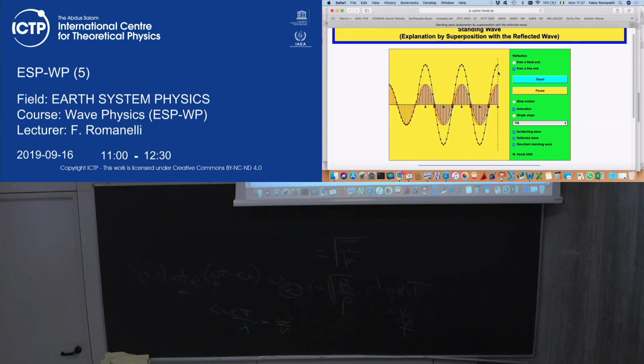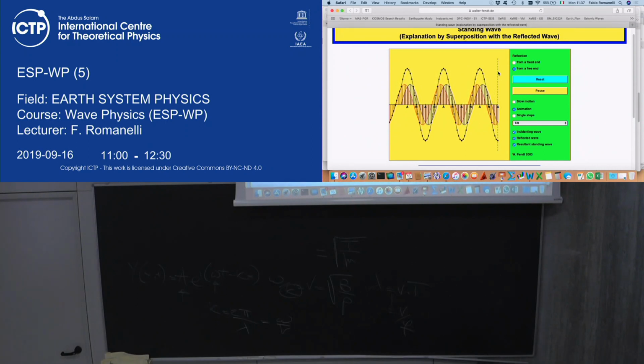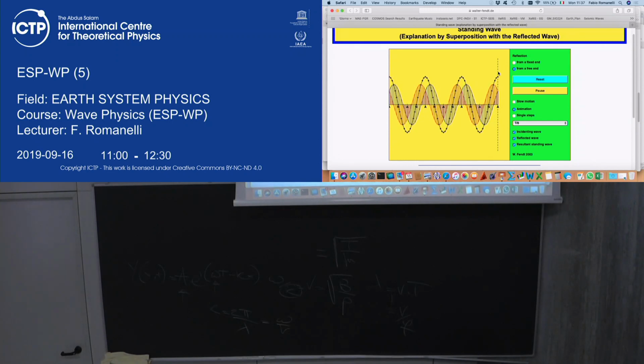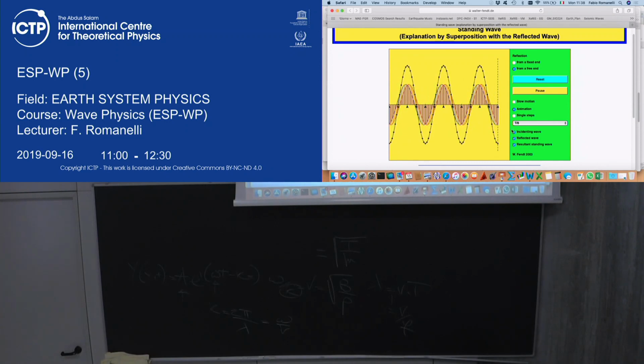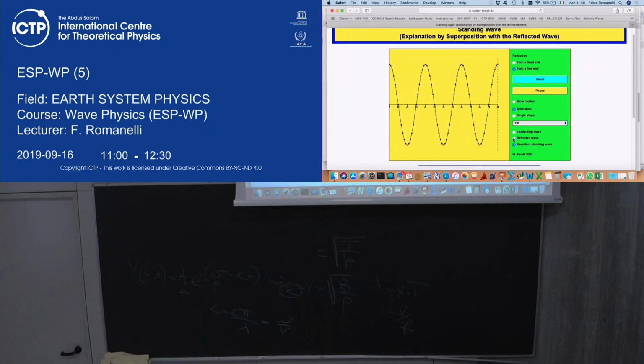Okay, now, if you see there, the pattern will be very similar to the previous one, but it's shifted. Essentially because here, now let's forget about the incident and the reflected, it's shifted in space. Because now here you will need a maximum. It's a boundary condition, not a zero. Okay?